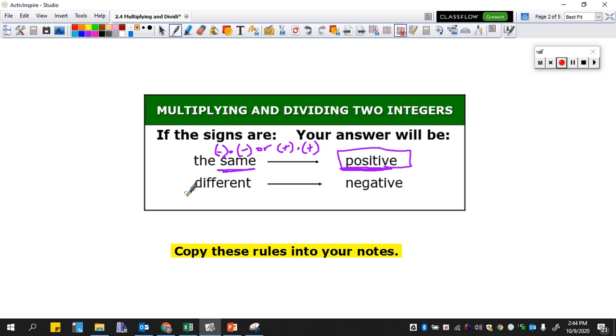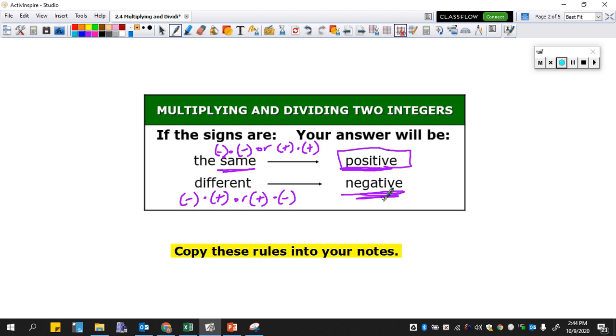If your signs are different, that would be a negative times a positive, or the other way around, a positive times a negative, then your answer is going to be negative. That's always the case, regardless of what the numbers are. If the signs are the same, you have a positive answer. If the signs are different, you have a negative answer.